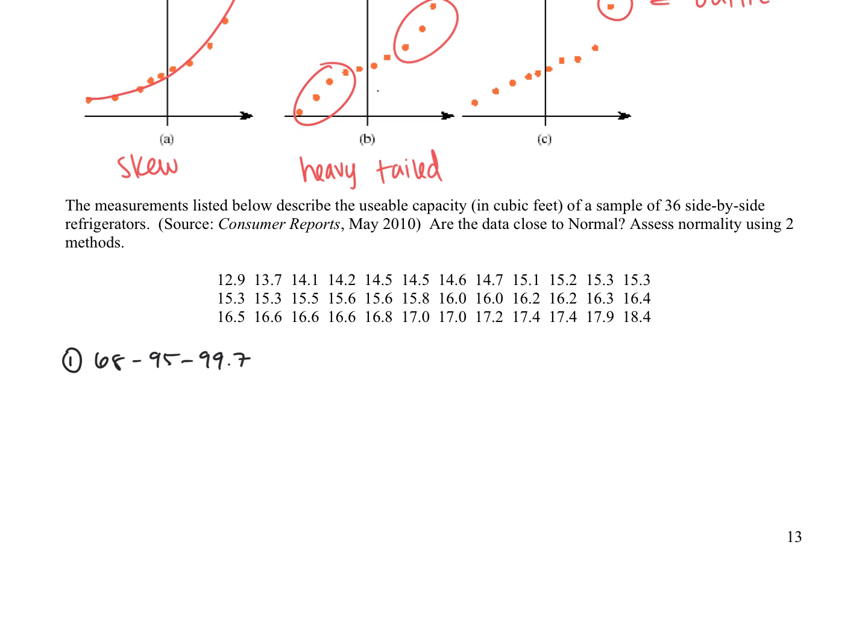If I asked you to, could you find the mean and standard deviation of this data? Are you comfortable doing that on your calculator? Everybody is? Okay, let's talk about it real quick. So we have an X bar of 15.825, and we have an S of about 1.217. So if I look at within one standard deviation of the mean, I take that 15.825 and add and subtract the standard deviation.